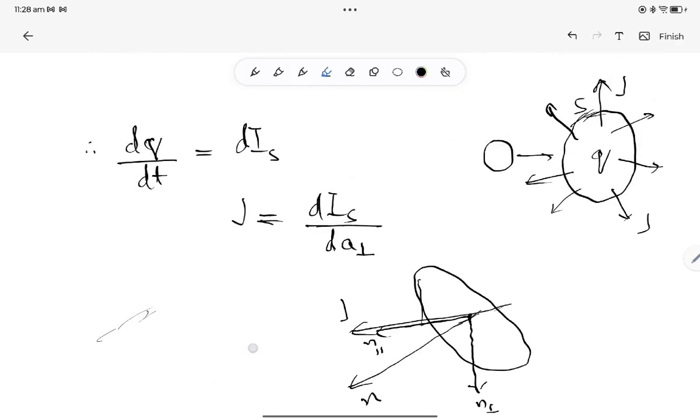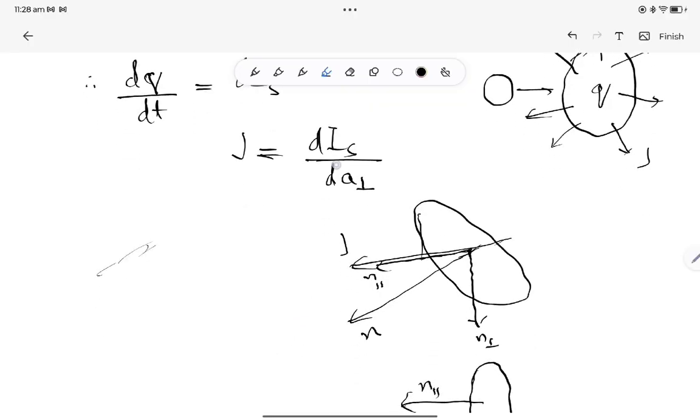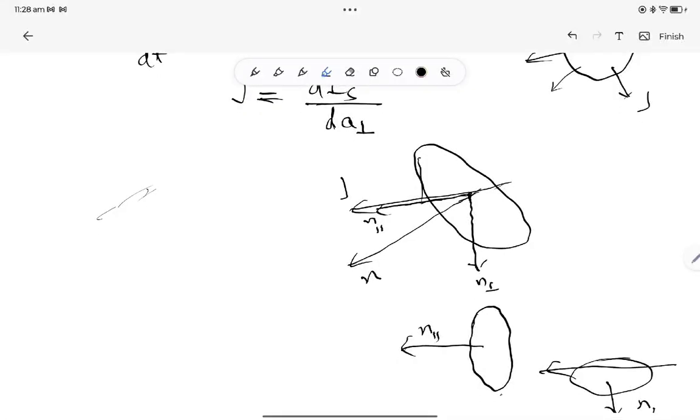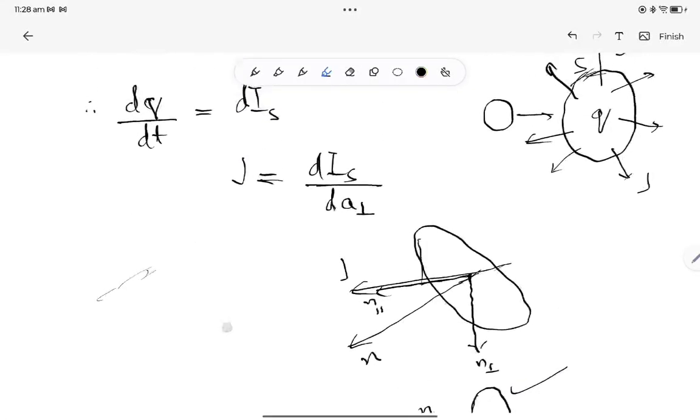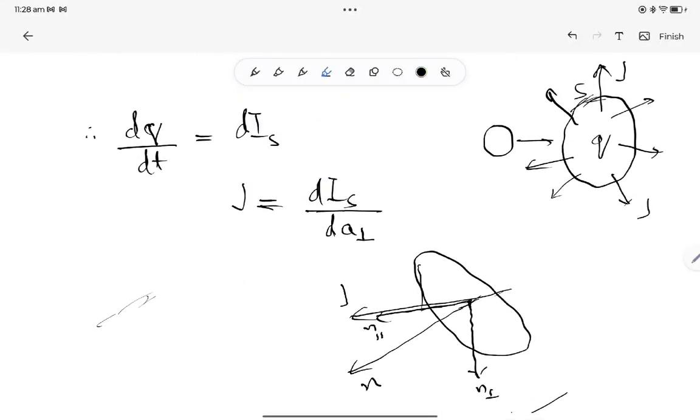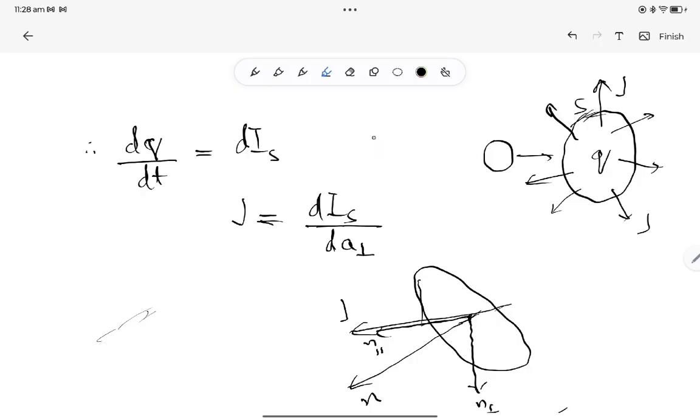When I write dq by dt, J is equal to this divided by this, I mean only this. This will contribute to the current density, not the whole area. So we actually have two choices in the dot product. We can take the dot product as a b cos theta. That means this is the simple product of one vector with the component of another vector in the direction of the first.